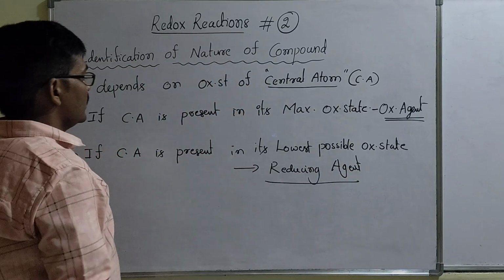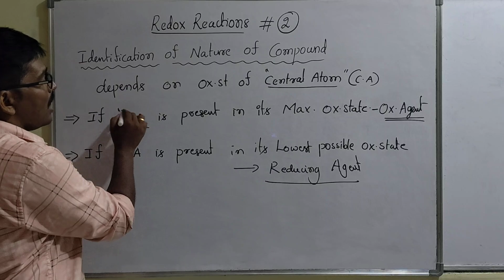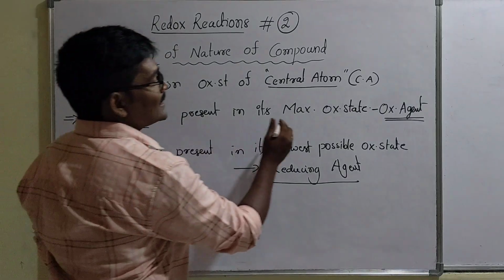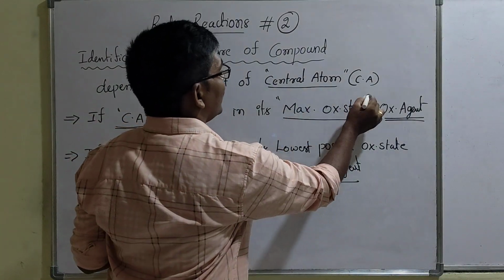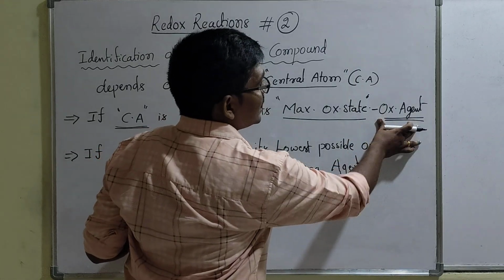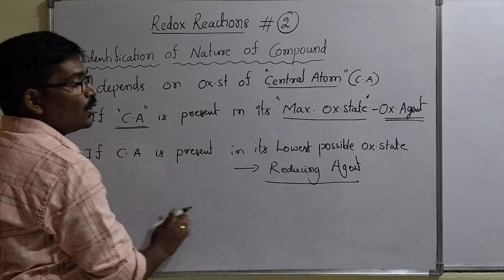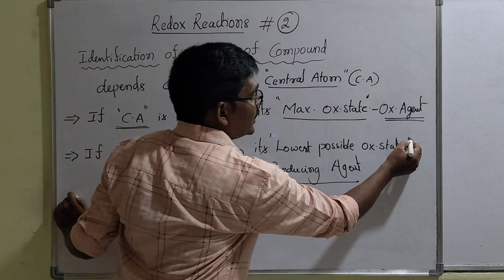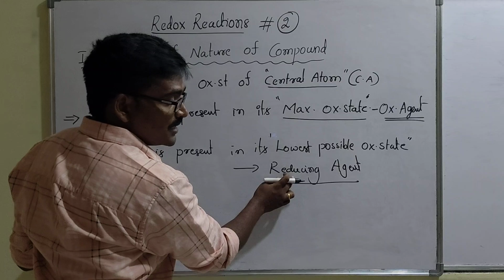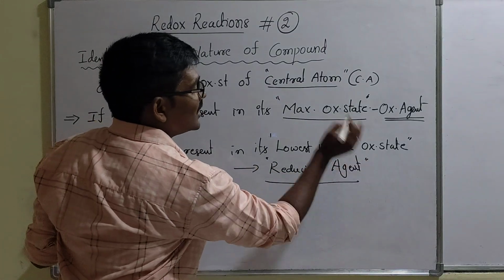So if the central atom is in its maximum oxidation state, it works as an oxidizing agent. If the central atom is present in the lowest possible oxidation state, then it is working as a reducing agent.